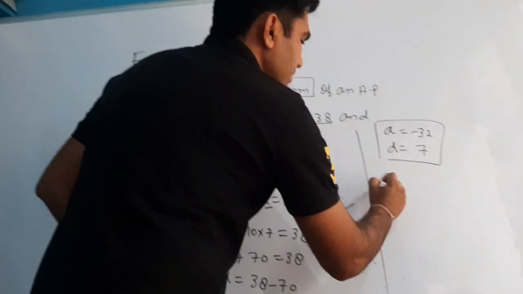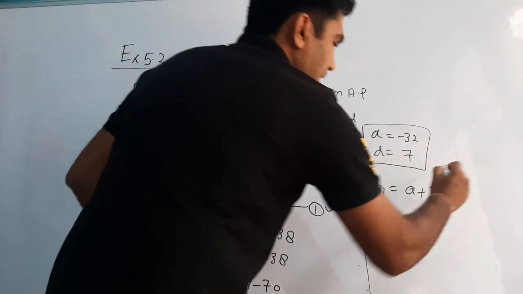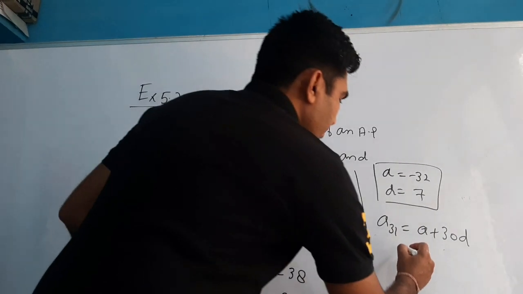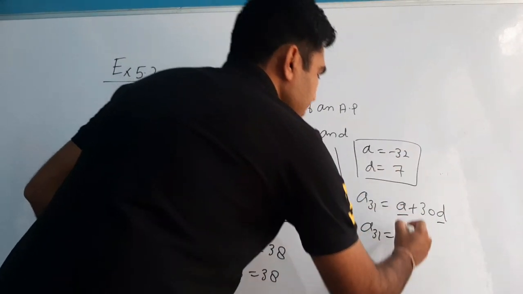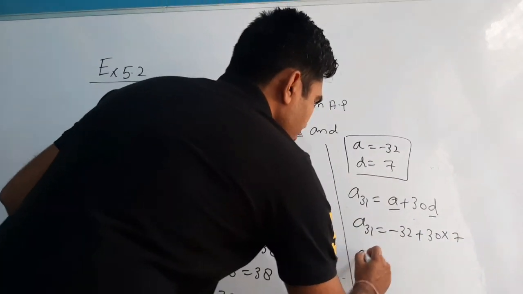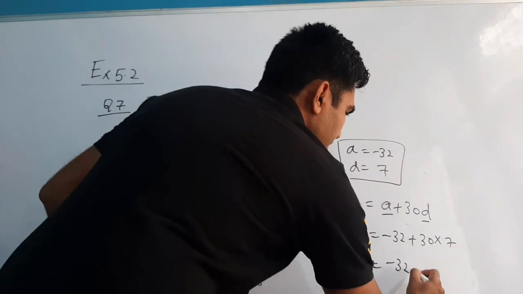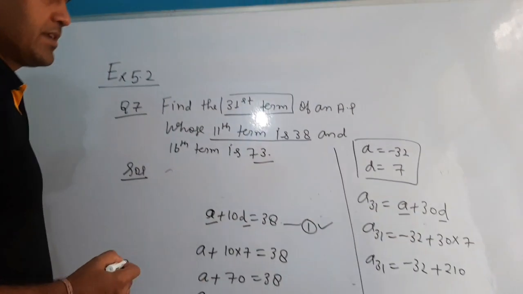So A31 equal to A plus 30D. You will put the value of A and D. A is minus 32 and 30 into D, D is 7. You will get A31 equal to minus 32 plus 7 3 are 21, 210.